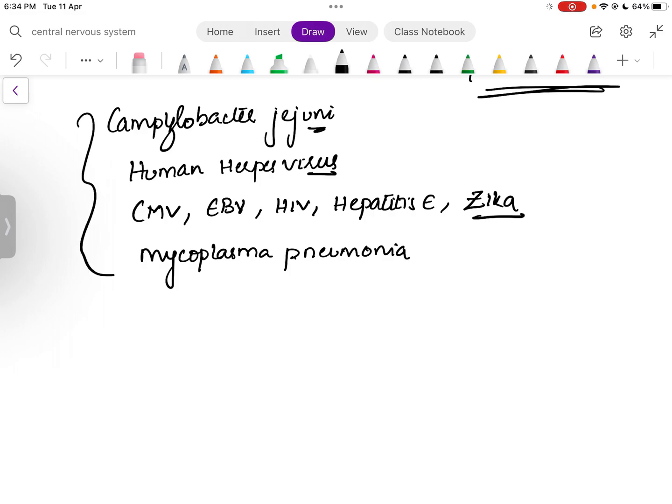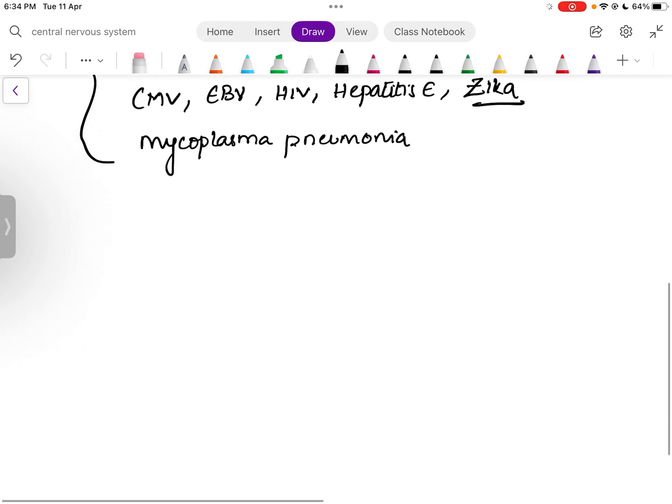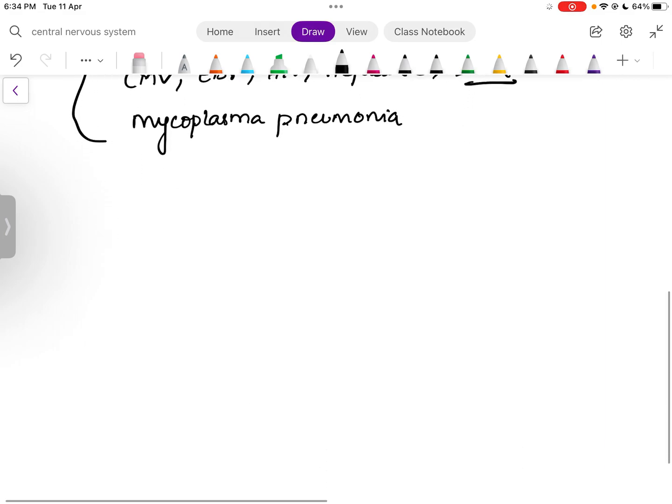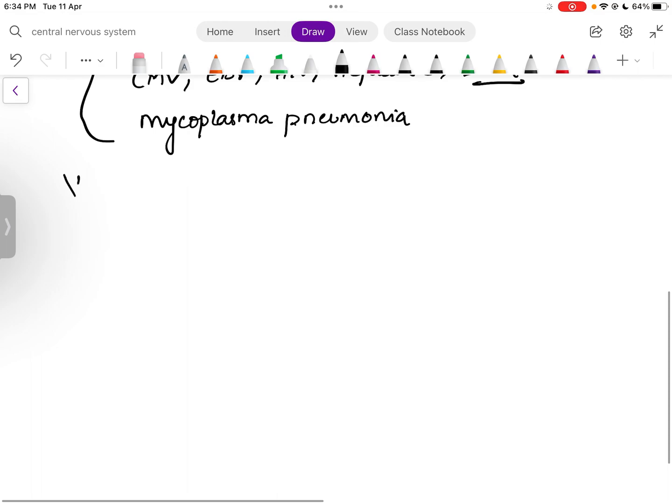These are the infectious agents which can cause Guillain-Barré syndrome.